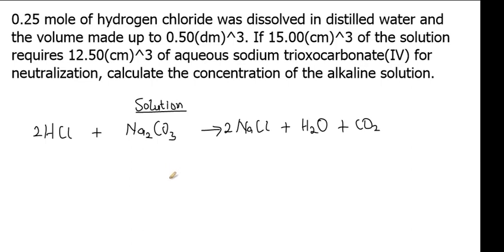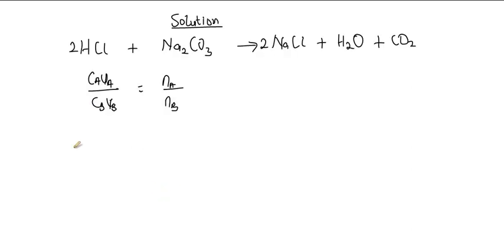Then let's proceed. In a kind of volumetric analysis question like this, the formula which is commonly used is CAVA over CBVB, which is equal to NA over NB, and that's the formula we'll be using to solve this.